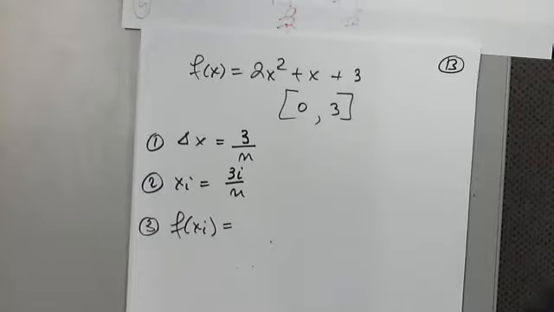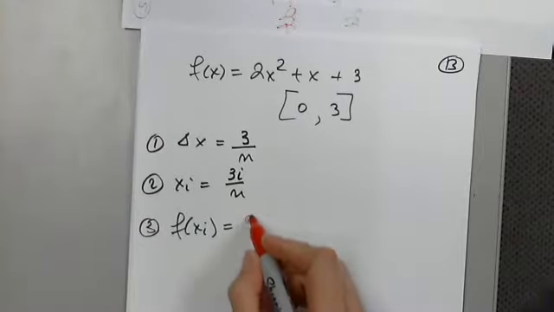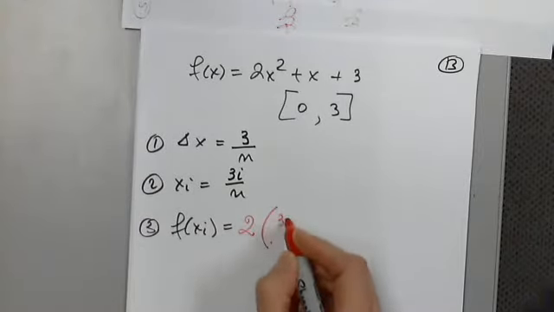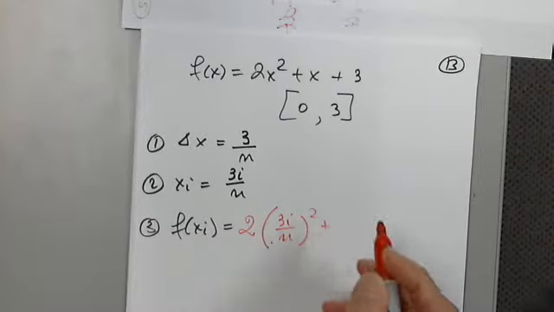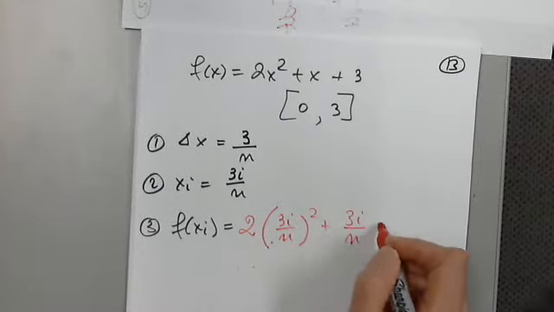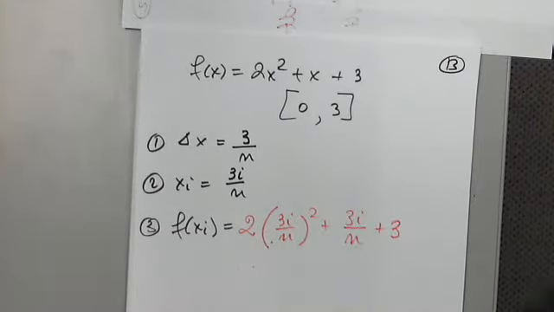What do we get for f of xi? 2 times 3i over n squared plus 3i over n plus 3. But we need to simplify it before we put it in the limit of the Riemann sum.